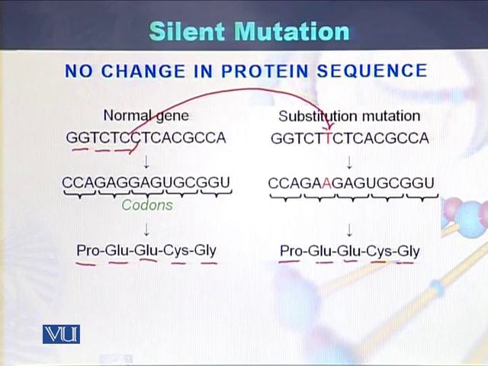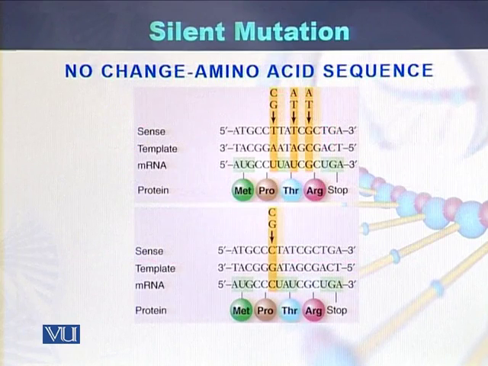This C, which was present in the original DNA sequence, is replaced with thymine. So silent mutations are those mutations in which there is a change at the DNA level, but there is no change at the protein level.